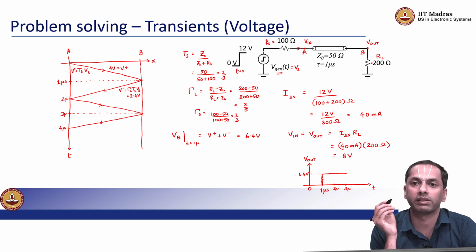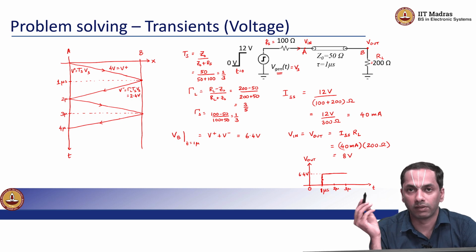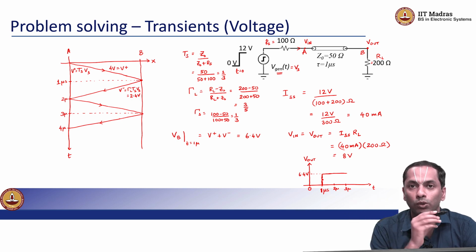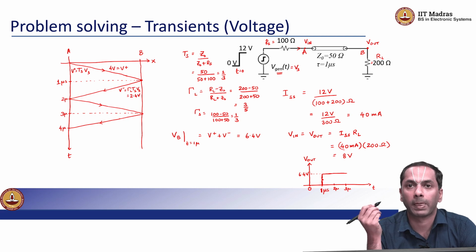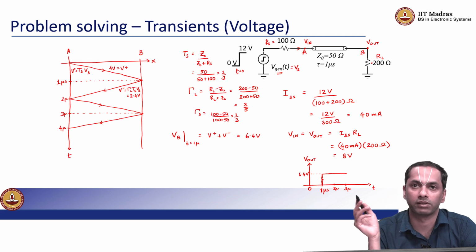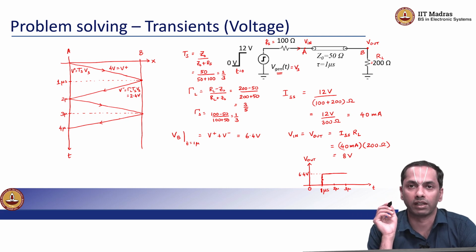Why is this? Because the reflected voltage has to come back to the source and then come back again to the output. So, it is 1 microsecond each way. So, each time V out or V in gets updated with a new voltage, there will be a gap of 2 microseconds. So, it is the to and fro delay of the transmission line.